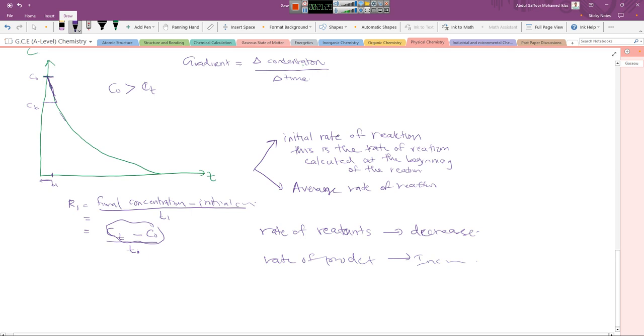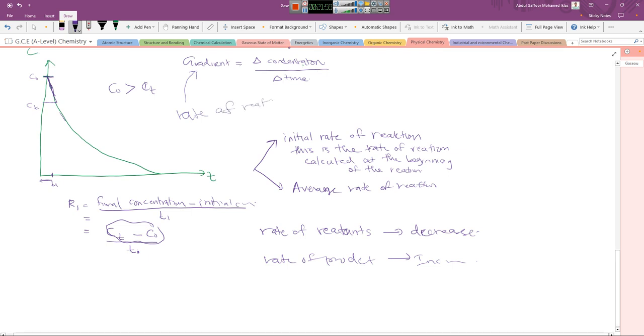Because of the concentration. If we are measuring the change within a certain time interval, we consider the change in concentration. What happens to the concentration of A, the reactant? It decreases. When it decreases, the gradient also decreases, so the rate of reaction will decrease. Here the gradient is nothing but the rate of reaction.